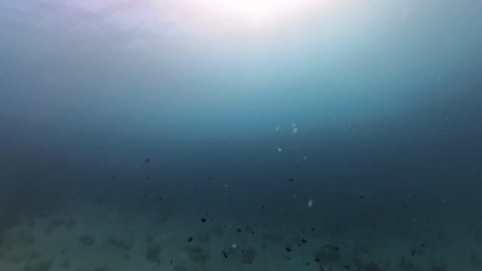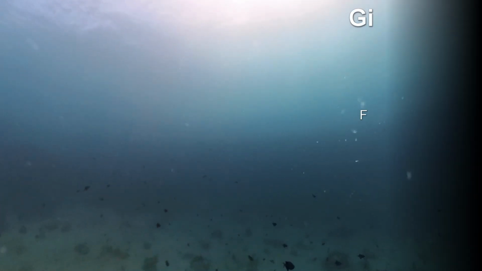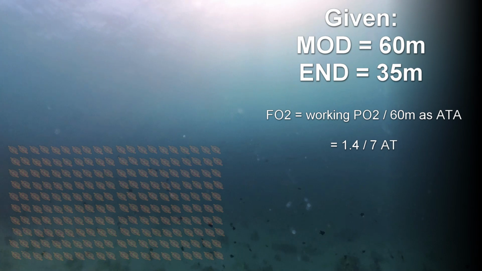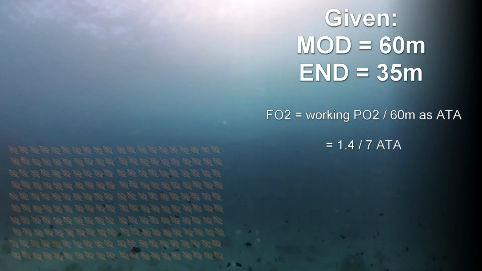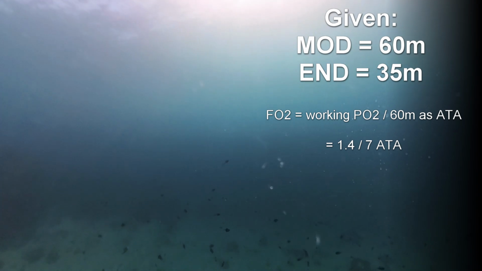Let's have two examples. Number 1. We want to dive a deep reef with an MOD of 60 meters or 200 footlongs, and we can tolerate an END of 35 meters.